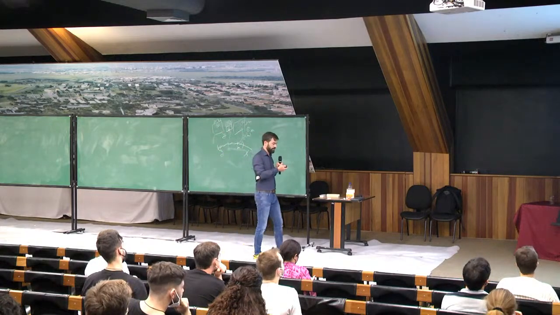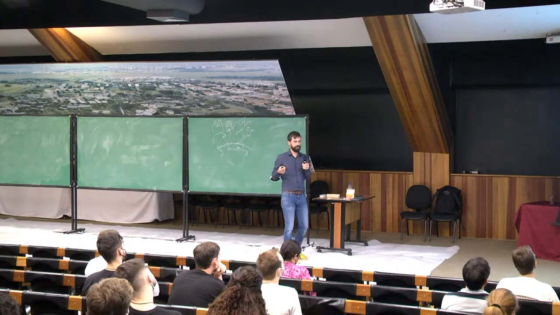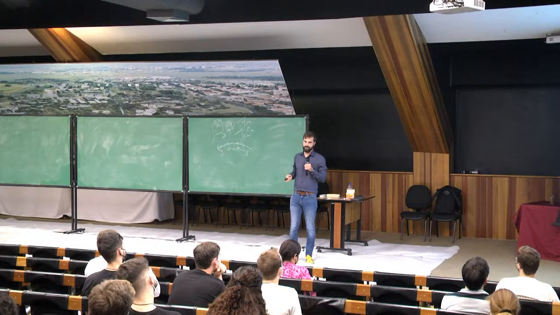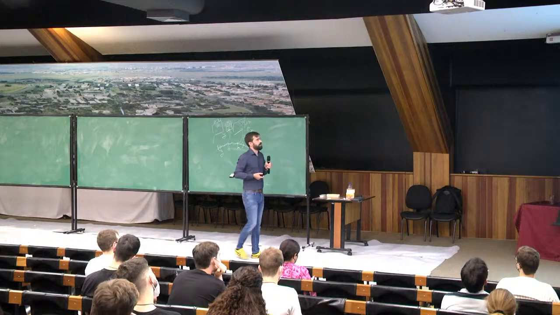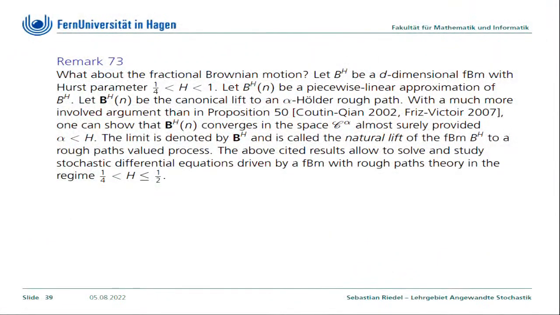So since this here holds, you could call that a natural lift, or maybe the Stratonovich lift, if you want, of the fractional Brownian motion. And this result now allows you to study stochastic differential equations driven by fractional Brownian motion by using the rough path theory. Yeah.